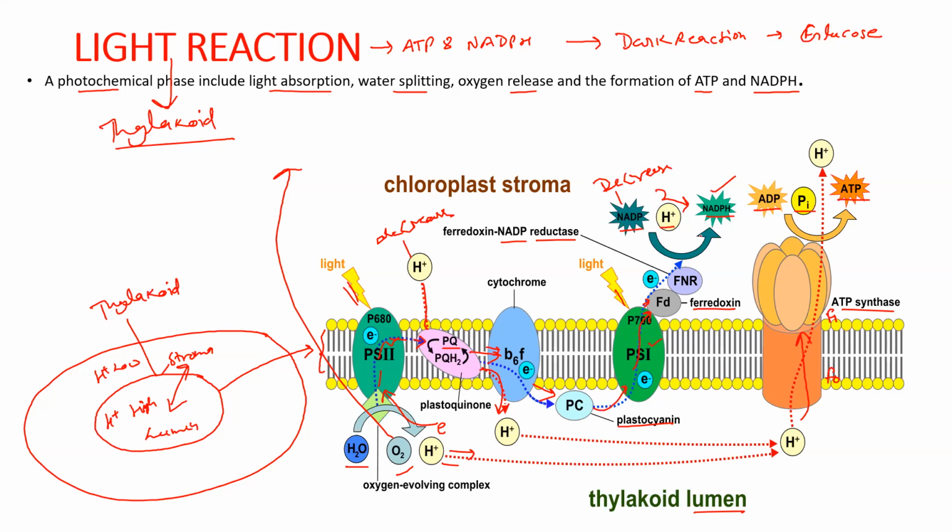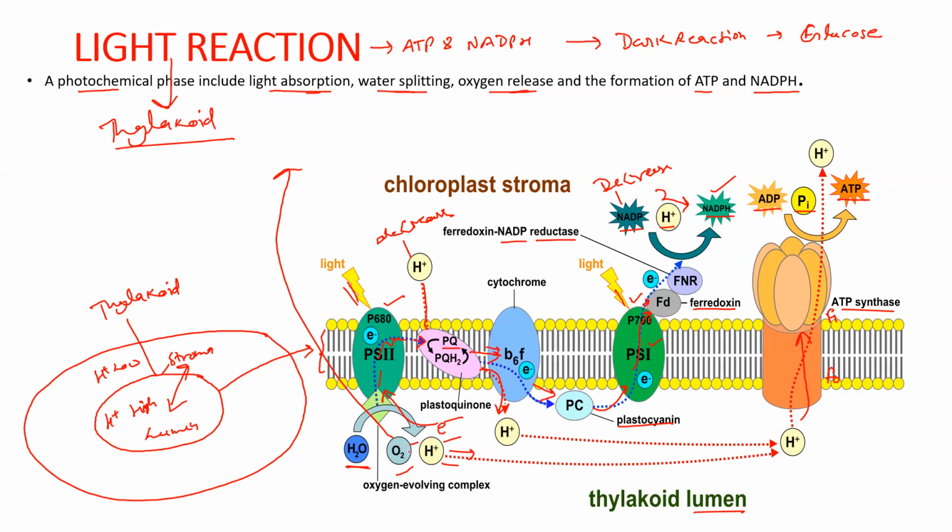So what we learn here is, in light reaction, what takes place? Light absorption. PS2 and PS1 both absorb different wavelengths of light. Water splitting. For replacing the lost electron in PS2, water splits inside the thylakoid lumen. That is called photolysis of water, and it releases electron, hydrogen, and oxygen.